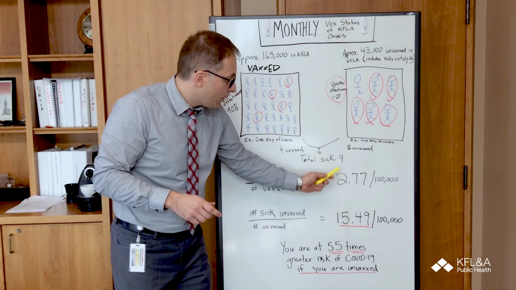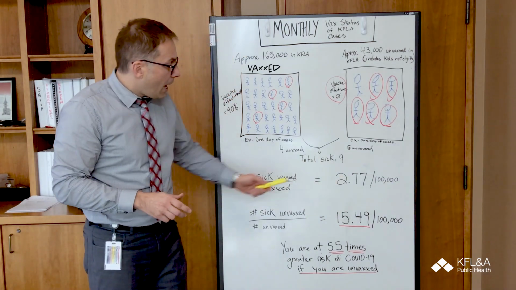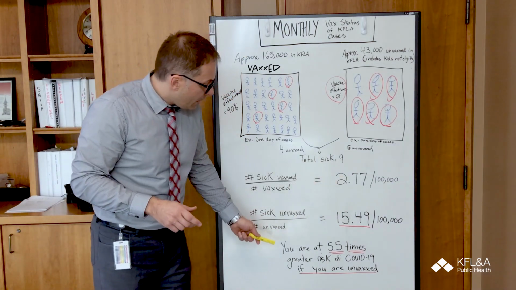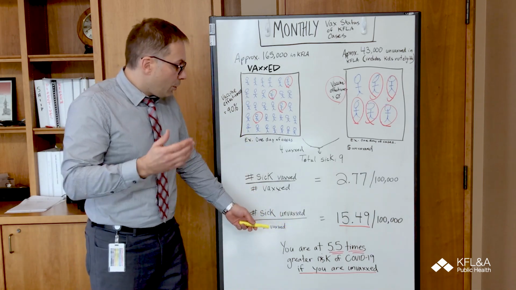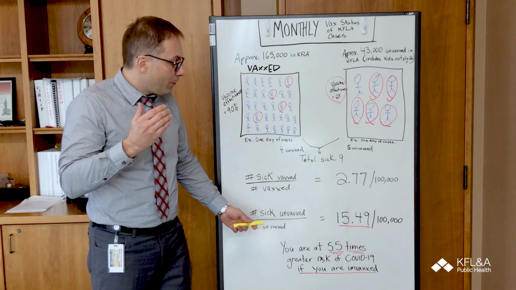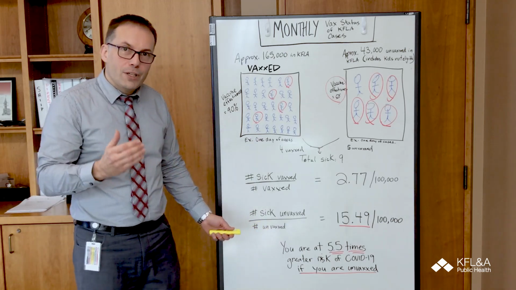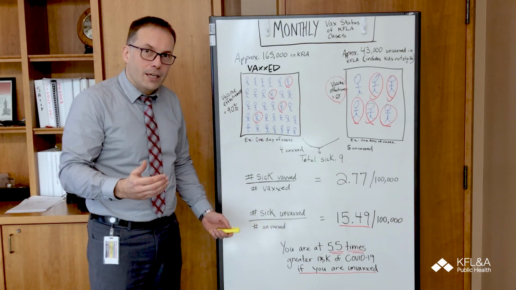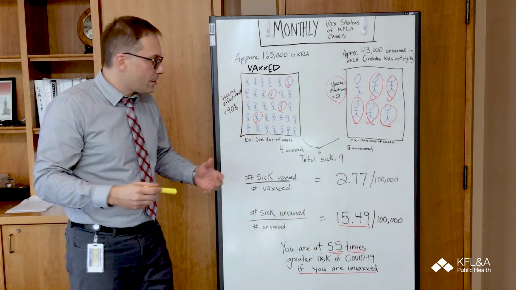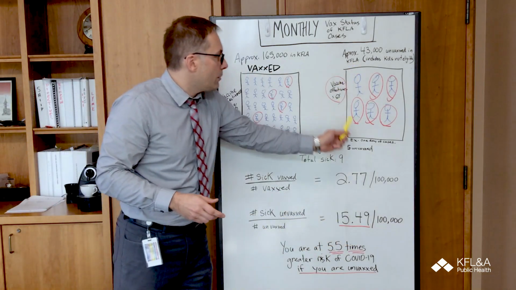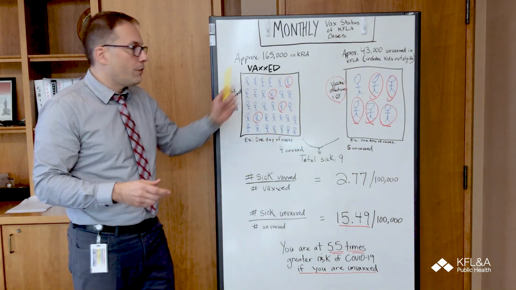We have these 2 very different rates, and when you look at them, we come up with the conclusion that you are at 5.5 times greater risk of COVID-19 if you are unvaccinated. That's a much more meaningful figure because it truly reflects the level of risk that these individuals face versus those individuals who are fully immunized.